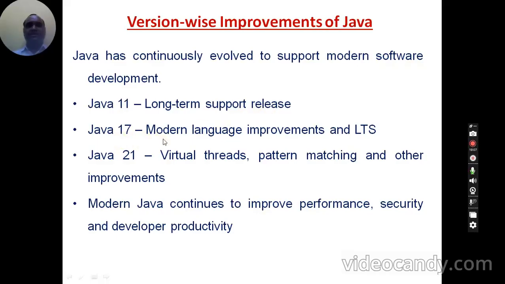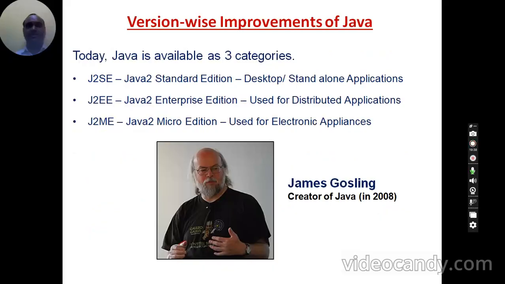Java 17 contains modern language improvements and LTS, long-term support. And in Java 21, virtual threads, pattern matching capabilities, and other improvements were added. Like this, in every version more new features have been added which the industry requires for developing different applications. Java is still under development, and Oracle is releasing different versions year by year.